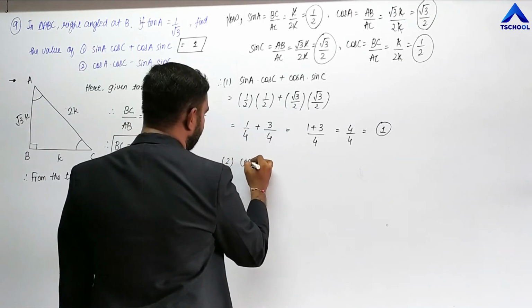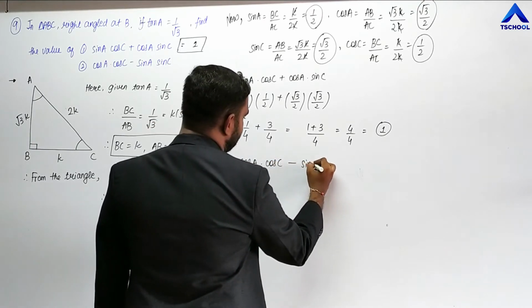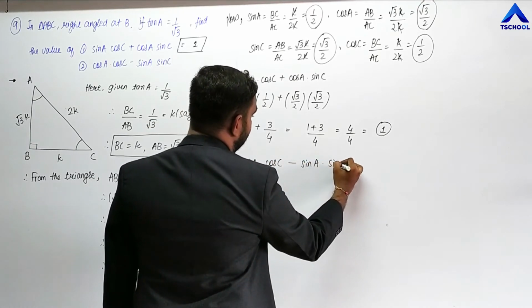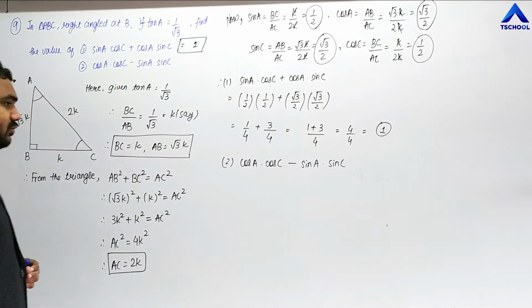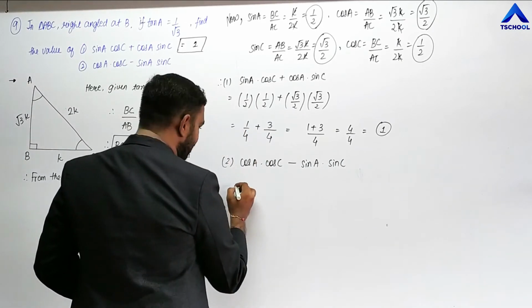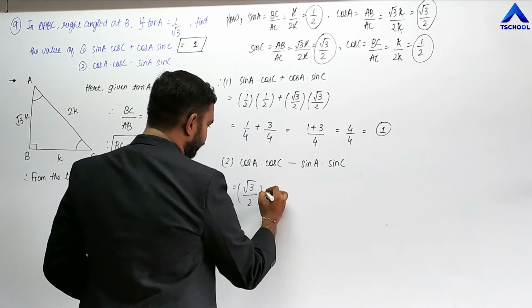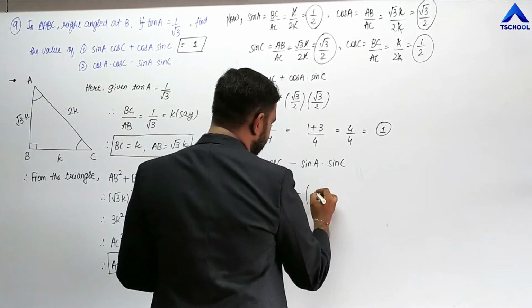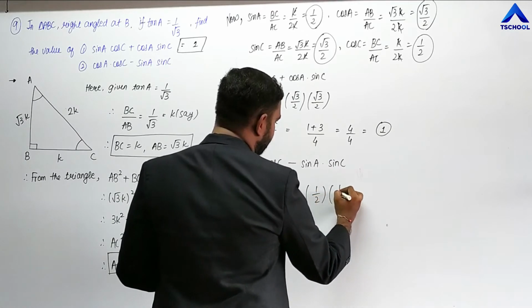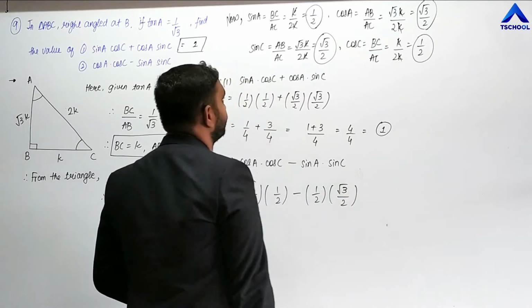The question is, cos A into cos C minus sin A into sin C. Therefore, we got the value of cos A, that is root 3 by 2, into cos C, that is 1 by 2, minus 1 by 2 into root 3 by 2.